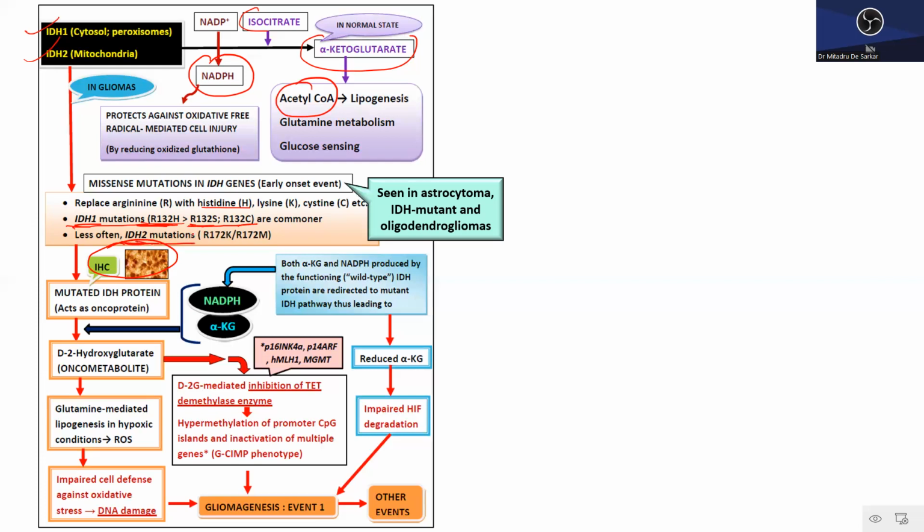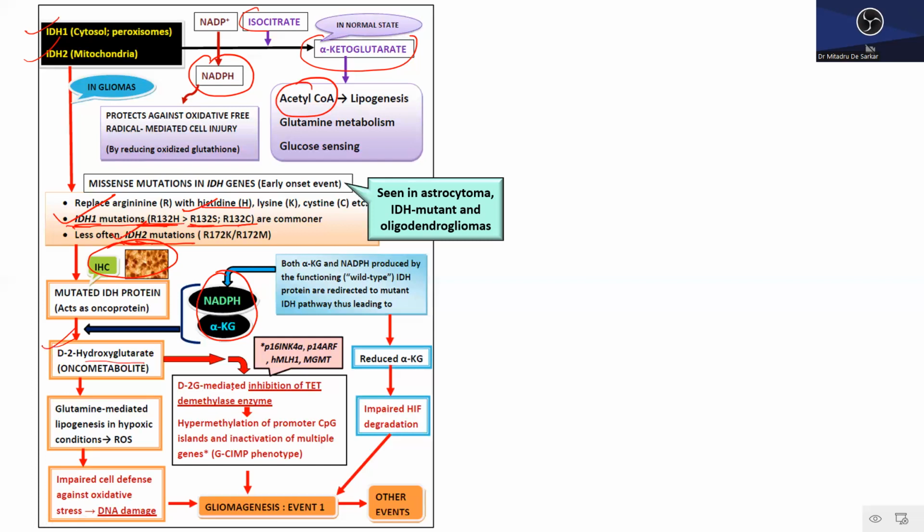So although 90% of your IDH mutated astrocytomas will have IDH1 mutations, the remaining will have non-canonical mutations and IDH2 mutations. The important thing that happens is that with this mutated IDH protein, a portion of the NADPH and alpha ketoglutarate, which is synthesized priorly, gets shifted over to the generation of an oncometabolite known as D2-hydroxyglutarate.